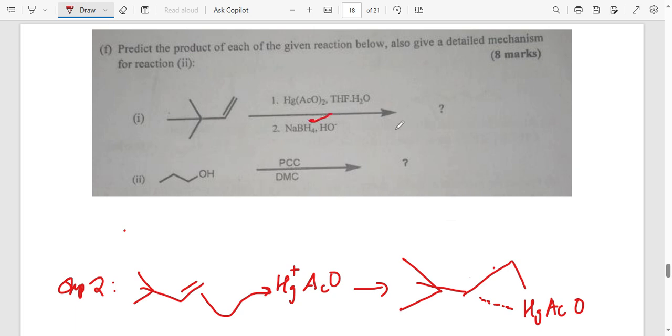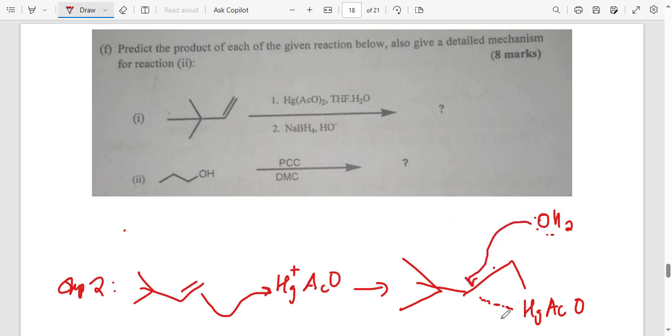Look, we have got water here. We also have water on top there. So that water is now going to come in. Just the water that is on top is going to come in. Now water always attacks where there is more substitution, so it will come and attack here.